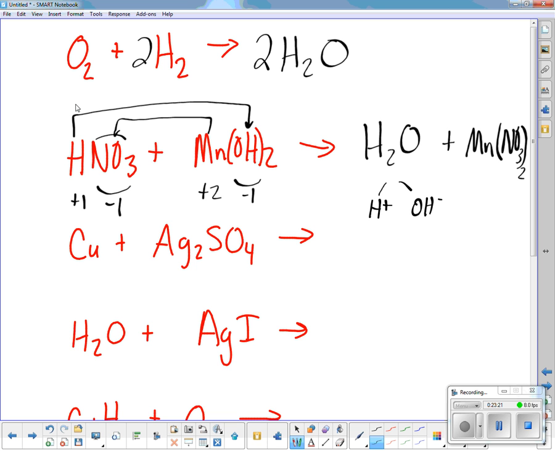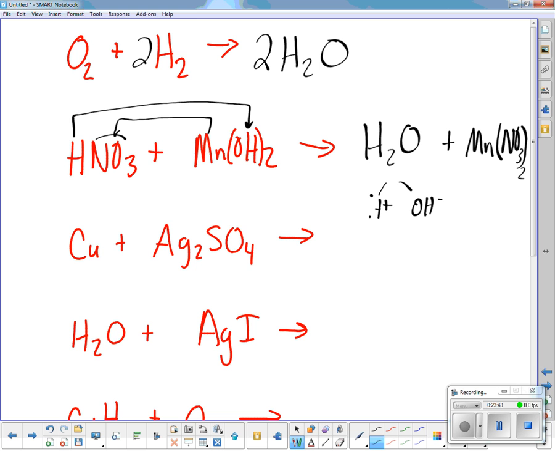I just put manganese with a +2 with nitrate. H and OH go together in water. Positive always first. Positive always first. This is double displacement.